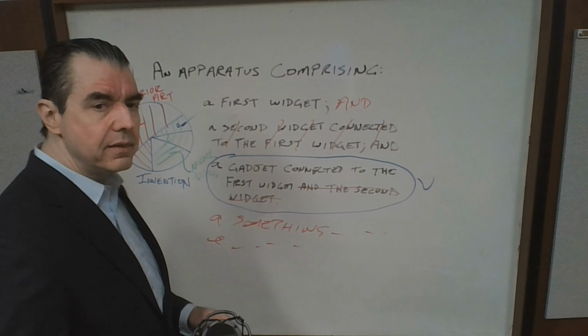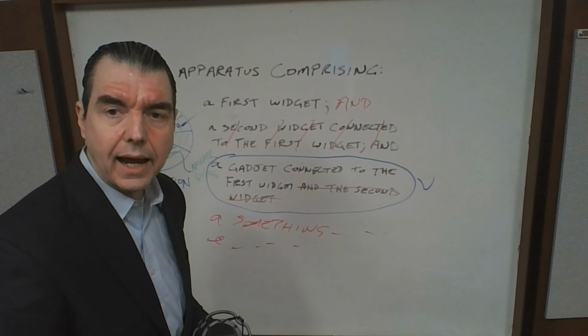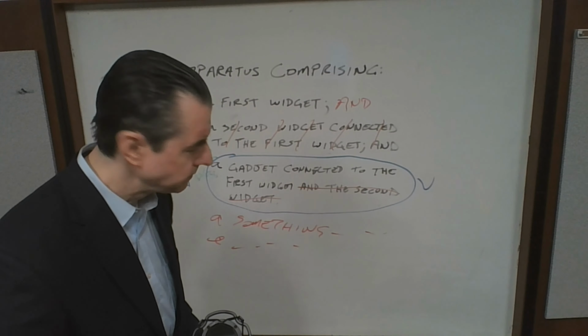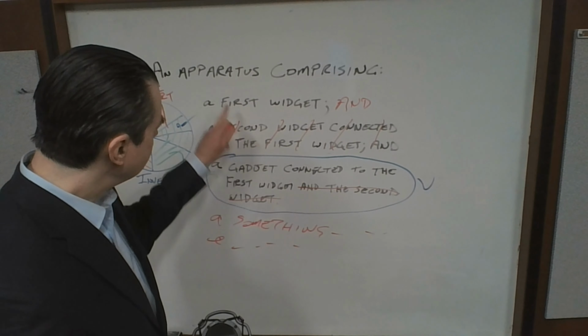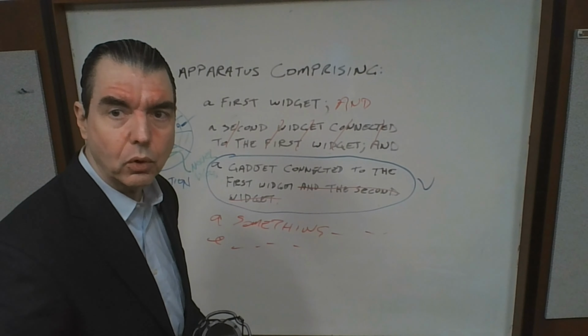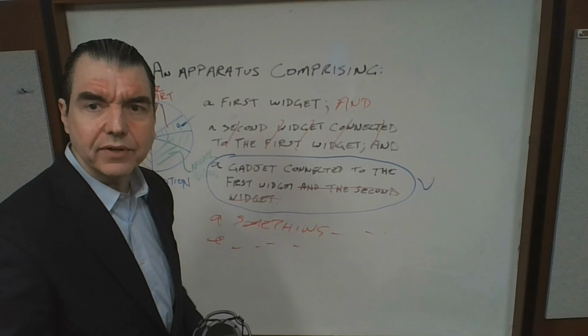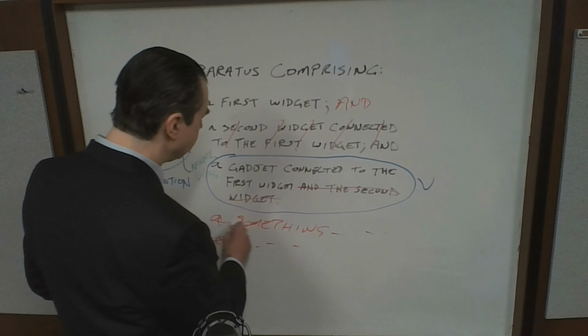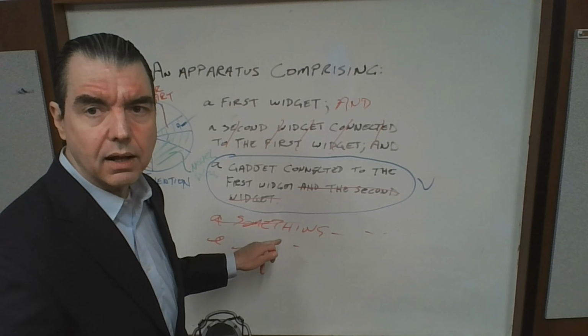Well, then the question becomes, can a potential infringer look at this claim and say, hey, you know what? These things, I need to have them to make my product work, but I don't have to have that. I can do something else. I don't need this, or I can replace it with something else.